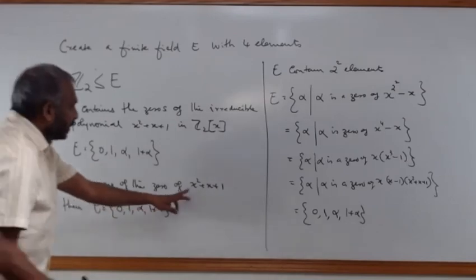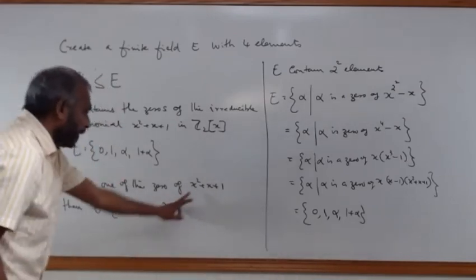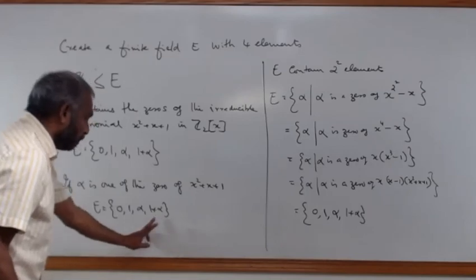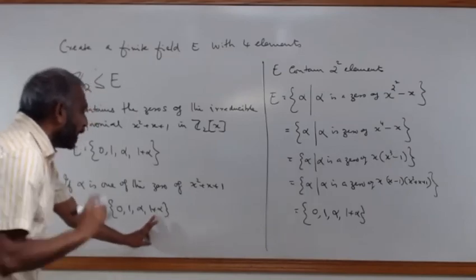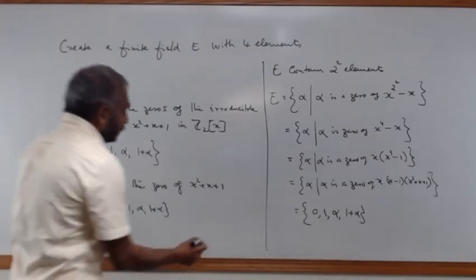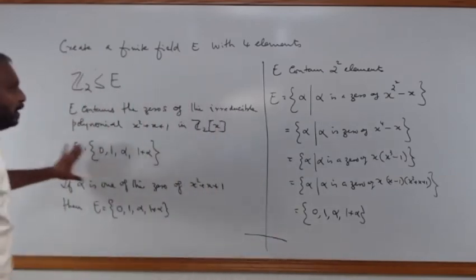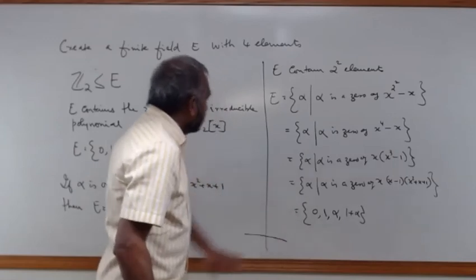What we did is x square plus x plus 1 divided by x minus alpha, and the quotient is going to be x minus 1 plus alpha. So in both ways we are arriving at the same conclusion. Okay?